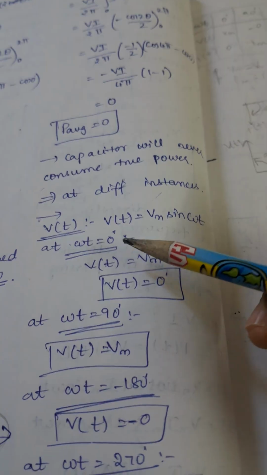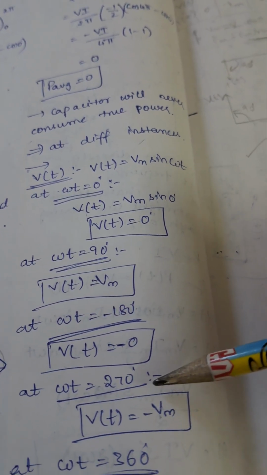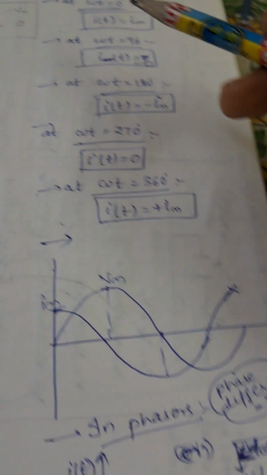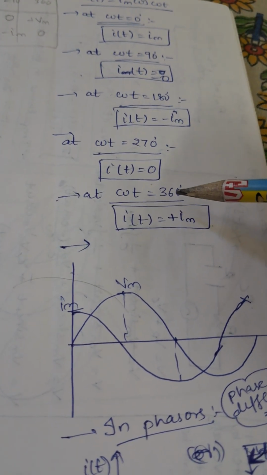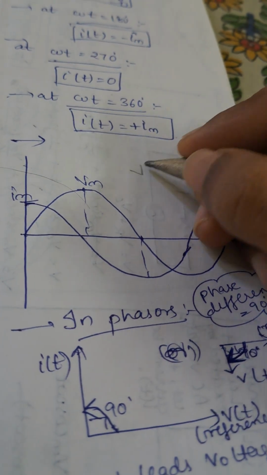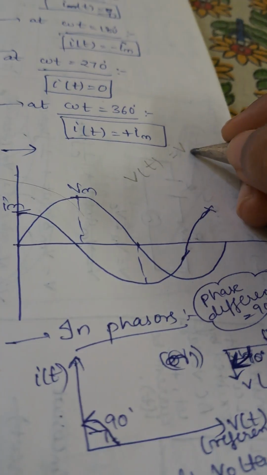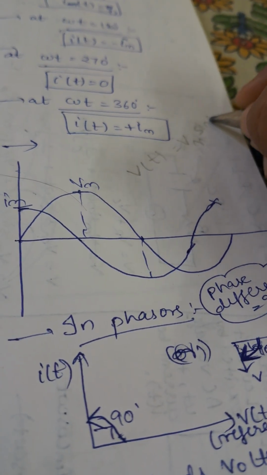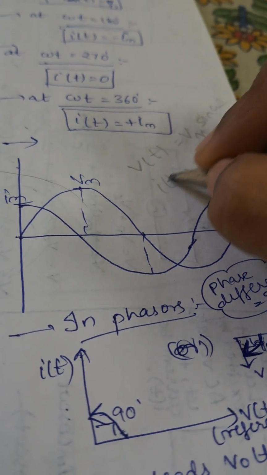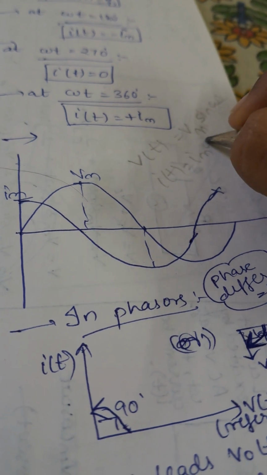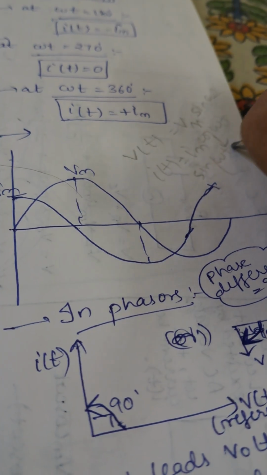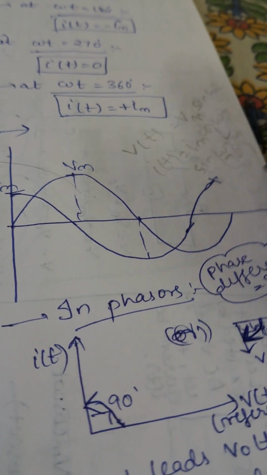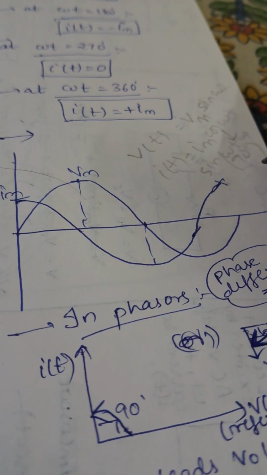Now at omega t equal to 0, 90, 180, 270, 360 you find V of t and I of t also. As I already said, here V of t is the reference. Vm sin omega t, and I of t is Im cos omega t, which means sin of omega t plus 90 degrees, pi by 2. So I of t is 90 degrees more.